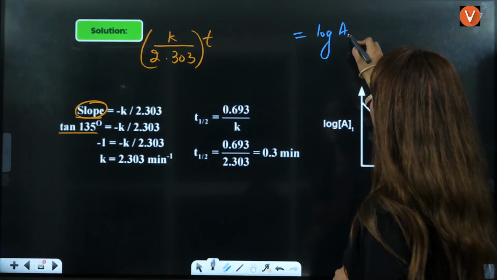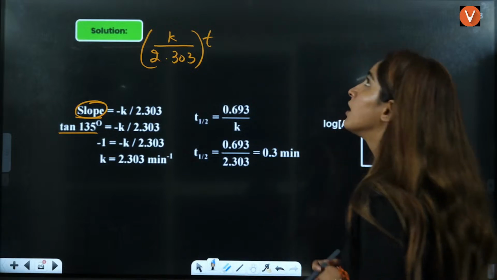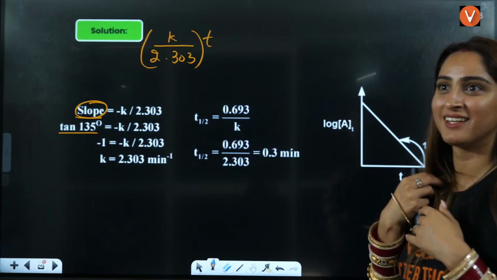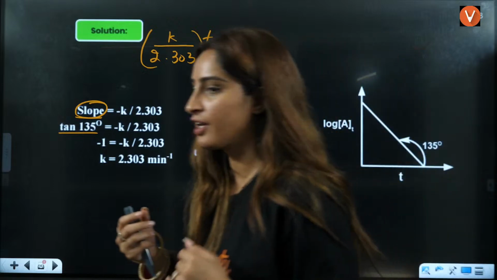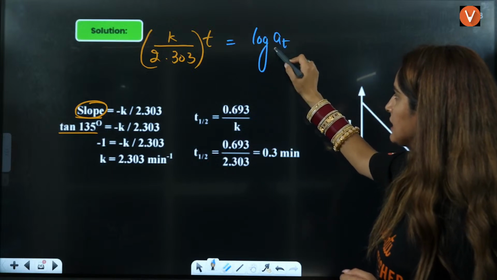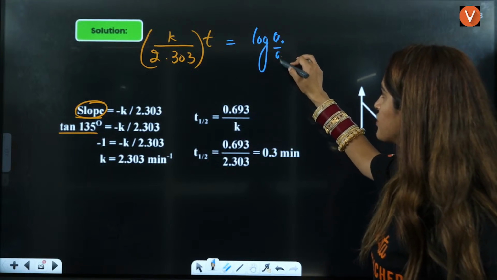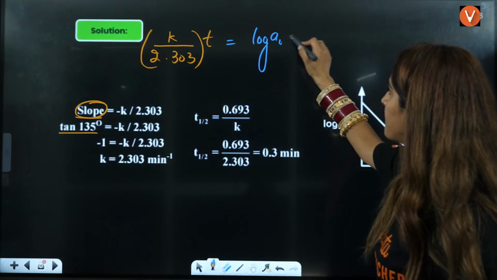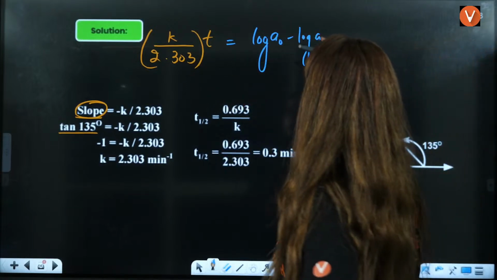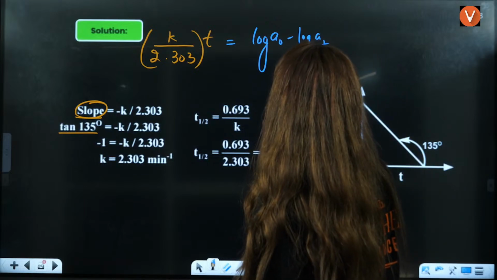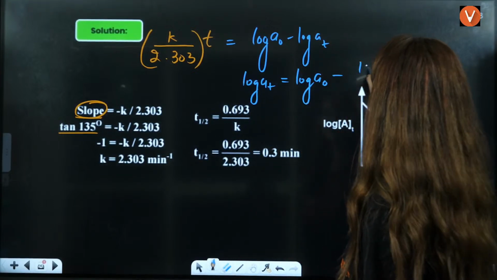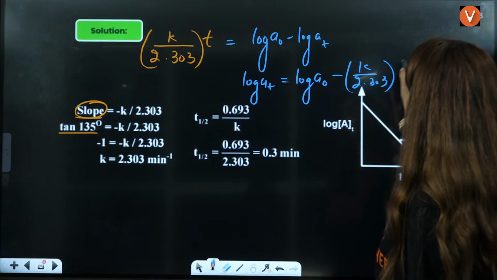Initial is A0. So log of A0 minus log of A. If you take this on that side, that will become log of A equals log of A0 minus K by 2.303 into T.